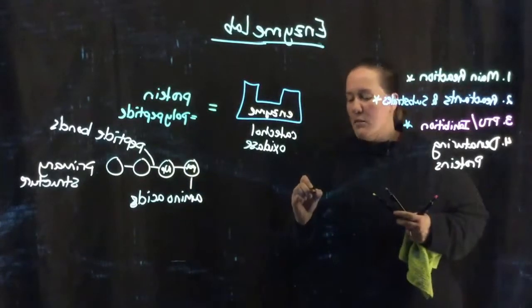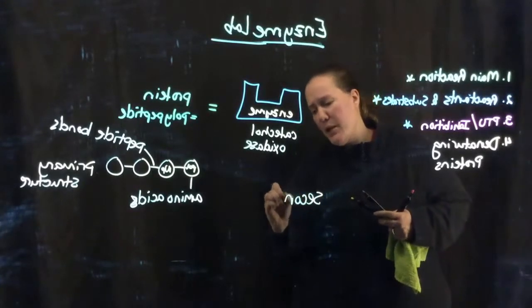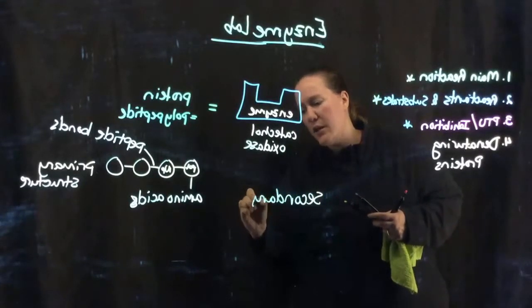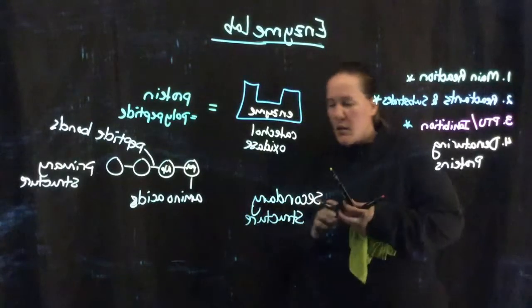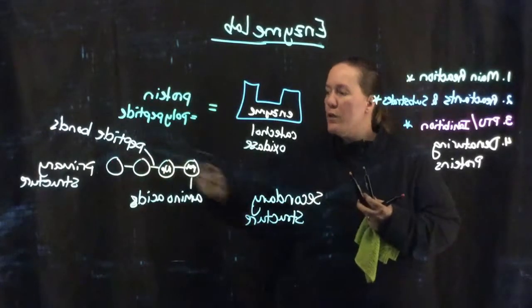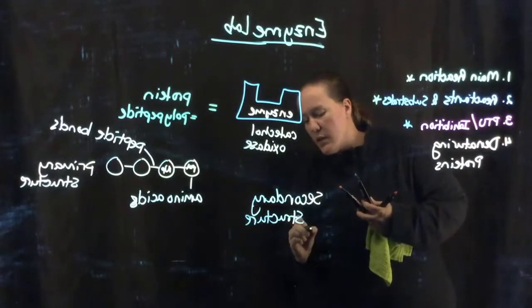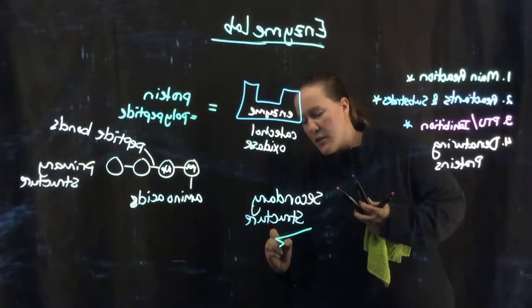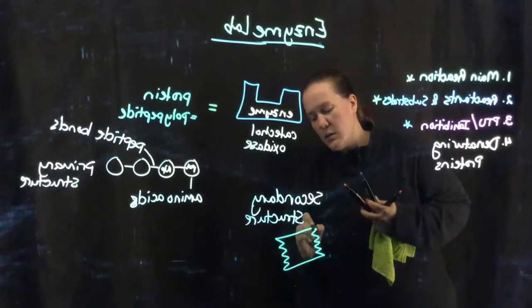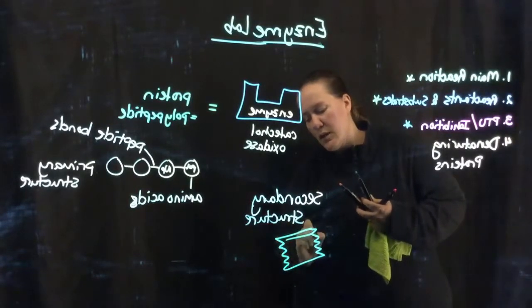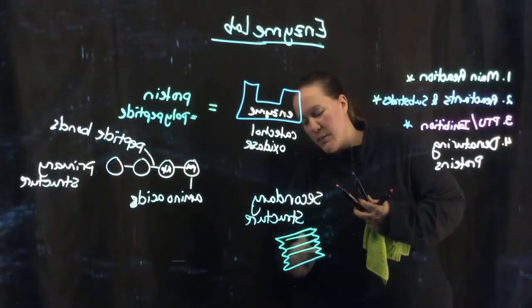So what happens with our secondary structure? Here, we'll go secondary. As we start folding up our molecules, the one thing that happens first is it chooses either a beta sheet structure, and that's supposed to look like a folded piece of origami paper there.